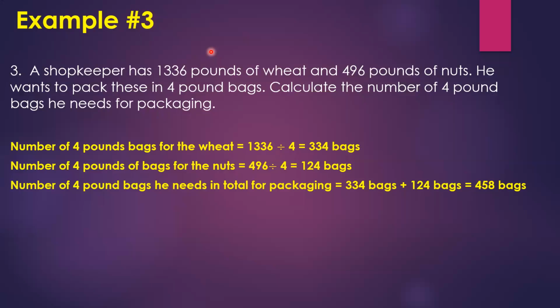Go ahead and explain. How does he get 458 bags? You divide 1,336 by 4, and then you get 334 bags, and then you divide 496 by 4, and your answer is 124.